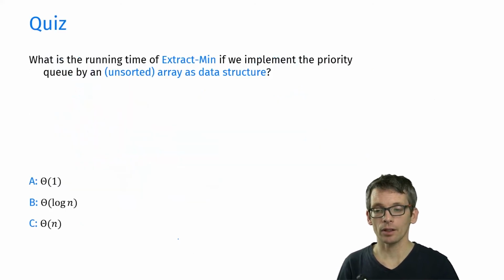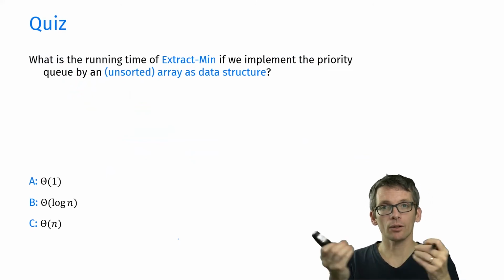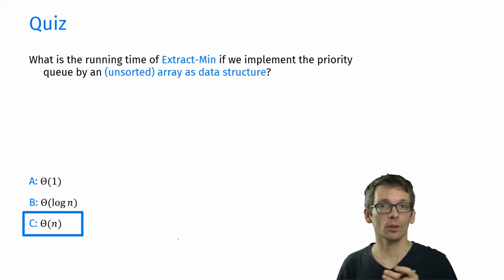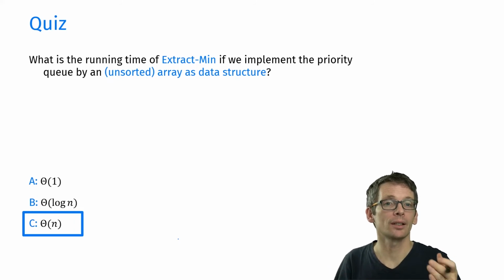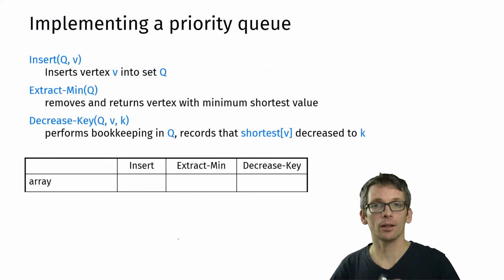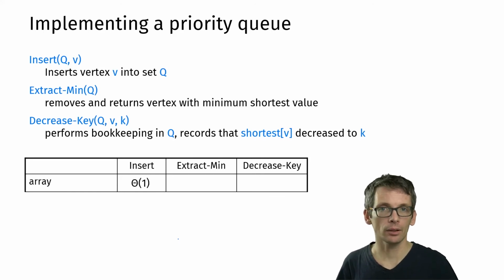So let's make this a quiz. If I want to extract the minimum out of an unsorted array of numbers, how long does that take? So that takes linear time, because the only way to find the minimum is to scan over the array. So if I use an array as implementation of a priority queue, what I get in terms of running time, so it's easy to insert an element.